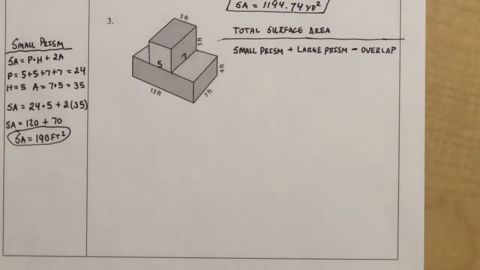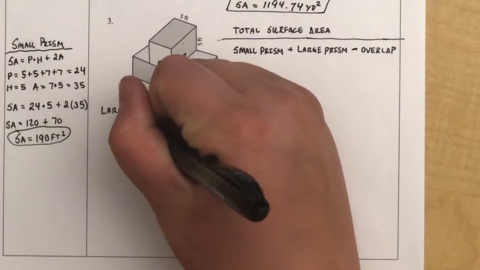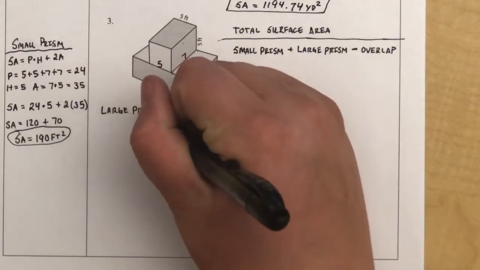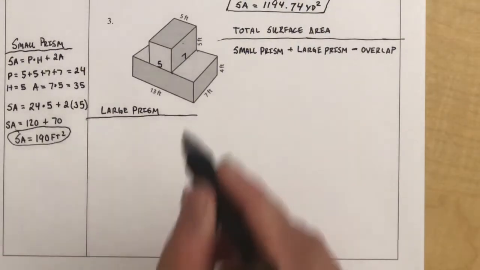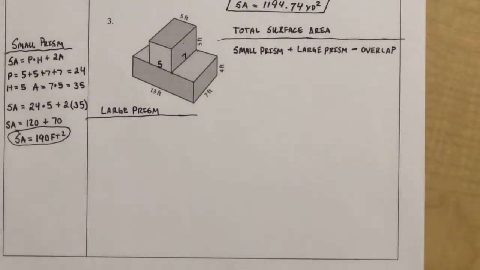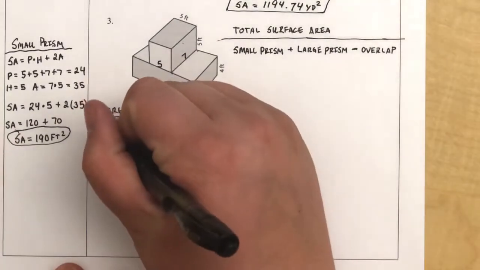For the larger prism, we're just going to follow the same basic guidelines. I know that I need to find the perimeter as well as the height and the area. So let's start this off. Write down the formula.